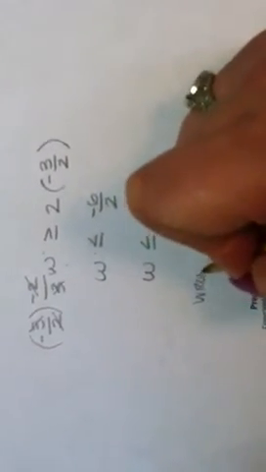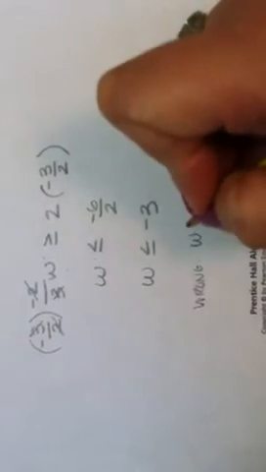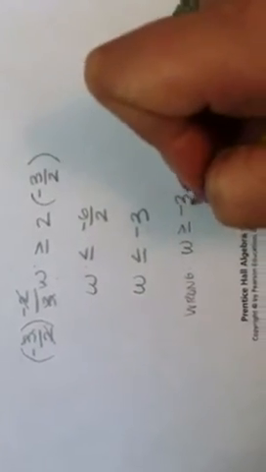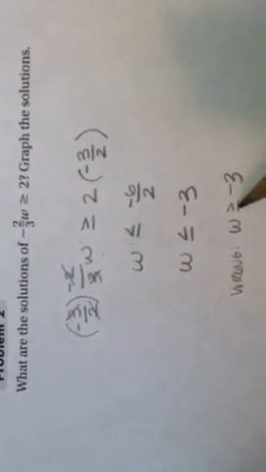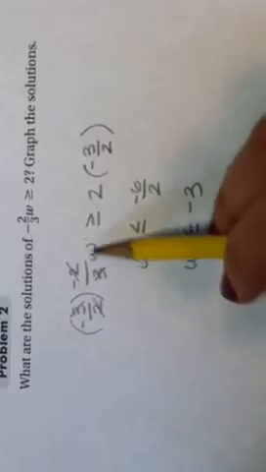Let's just say that I found this as a solution. I'm writing that it's wrong just to remind you. If I wrote this and I plug this back into my equation, I'm going to get something that's not true. I'm going to pick a number greater than negative 3. So I'm just going to pick 0. That's a number greater than negative 3. So when I plug that back into my equation, I have negative 2/3 times w is greater than or equal to 2.